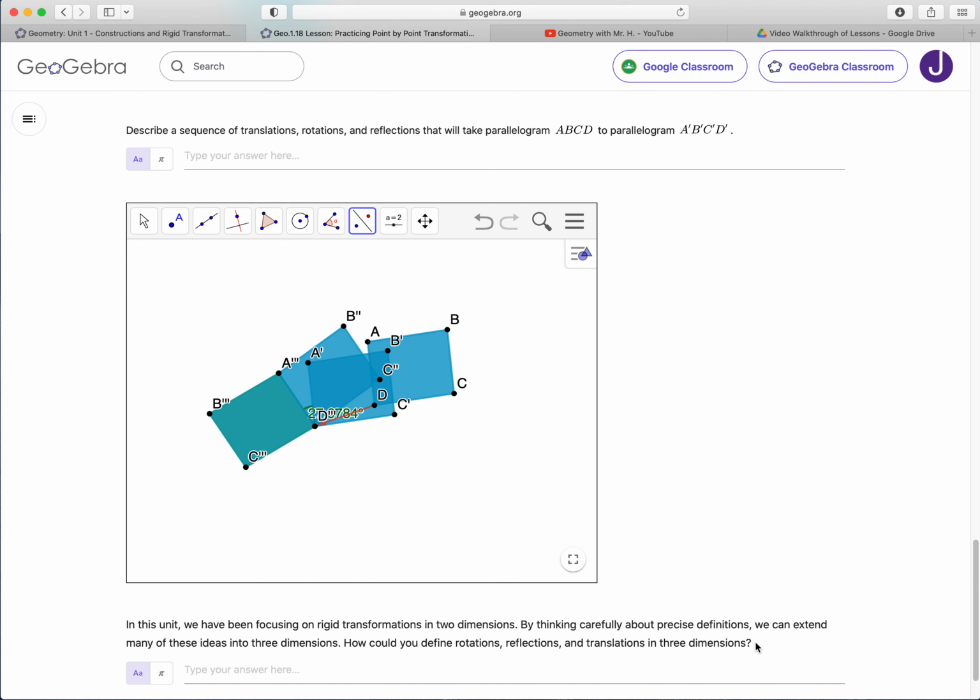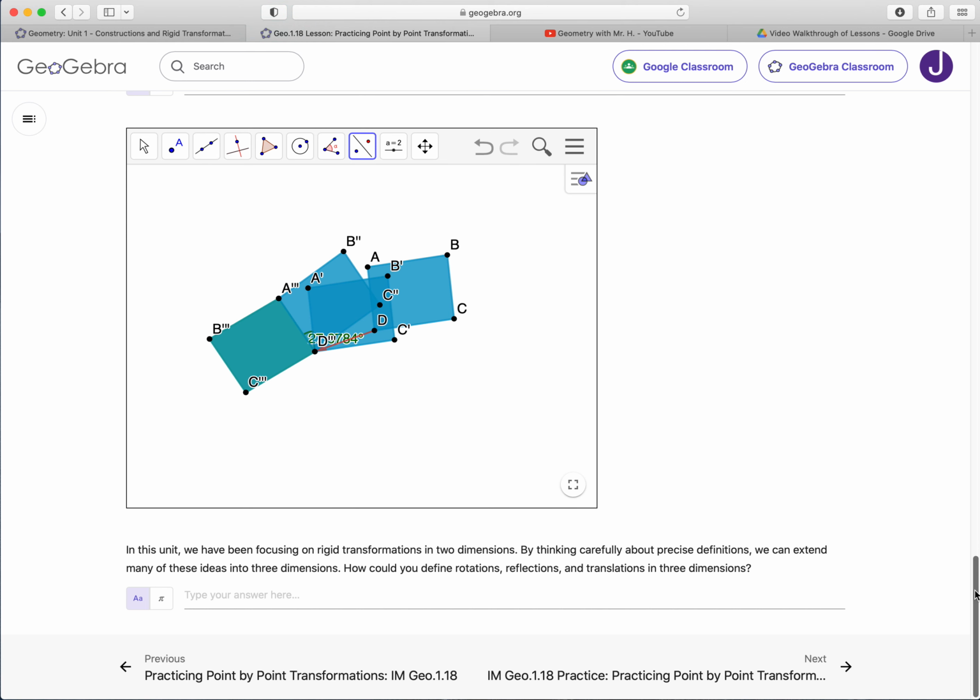It's like things floating in space, and it gets super complicated because you add this whole other dimension, right? Anyway, it comes in handy if you want to be a game designer or somebody who does computer animation or anything like that. Or if you want to work with NASA, because everything moves in space, right? Anyway, that's a bonus question, but something to think about.